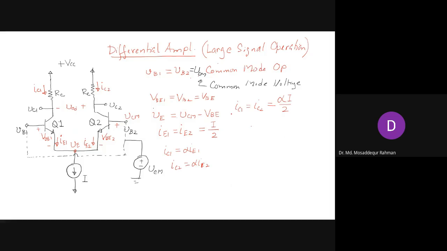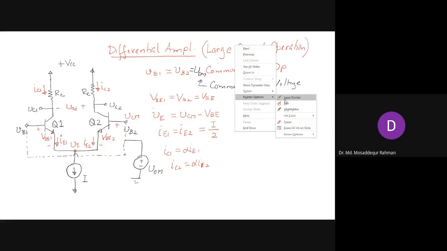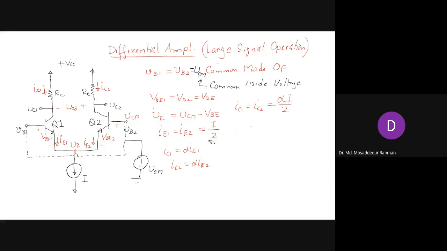So we got the expression for the currents, IC1 and IC2. Now you can also calculate the voltages.